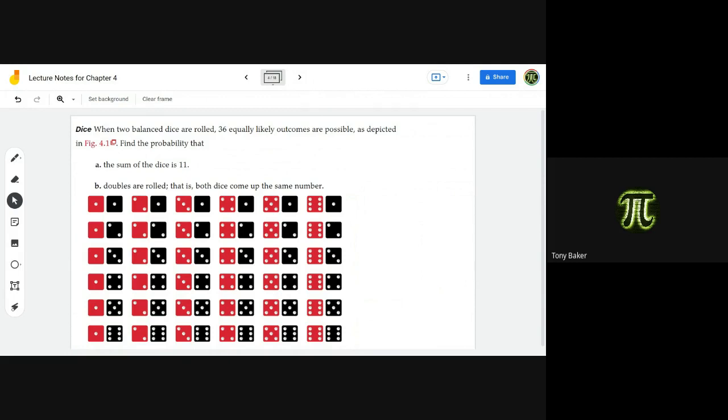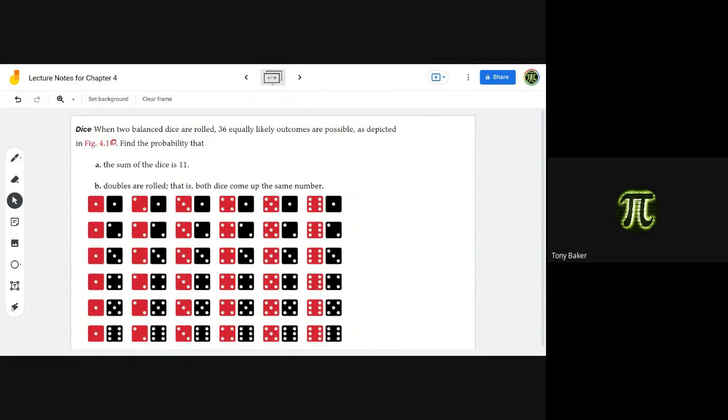Now, when you're rolling 2 dice, unlike the last situation, 1 and 1 is different. 1 and 2, and 2 and 1 are 2 possible outcomes when you roll those dice, because they're 2 separate dice. Okay? So when you're counting them up, you're going to count both options there. Because unlike before, where it was 2 people, that would make a difference. But in this situation, the order they come out could actually matter in terms of what you're doing. So we've got 36 possible outcomes.